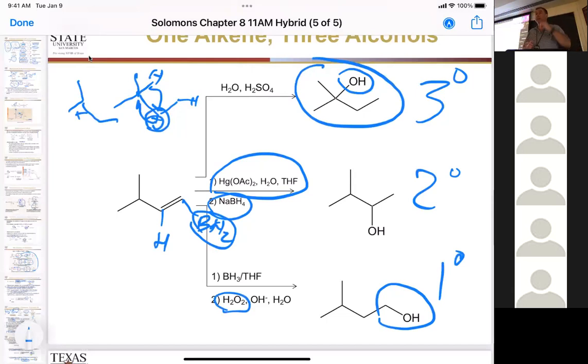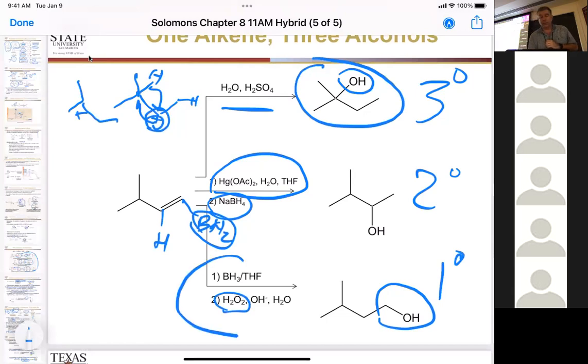Reagent selectivity. So water and sulfuric acid will give you secondary and tertiary alcohols. The oxymercurization, demercurization, they do not rearrange. Whatever you started with, it's going to give you that. And they both follow Markovnikov's rule.